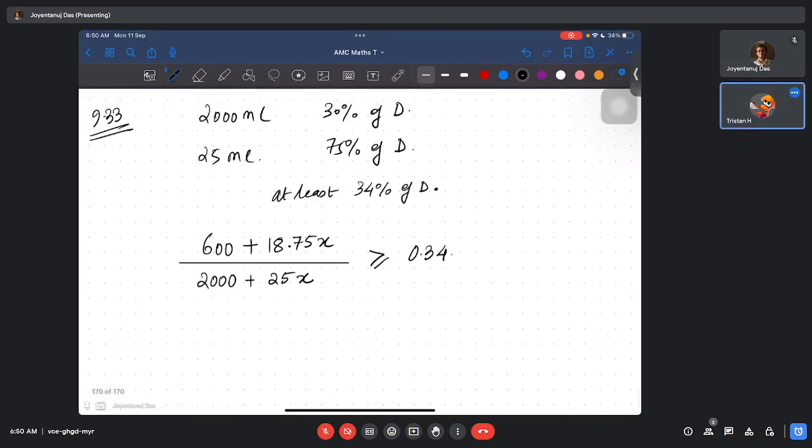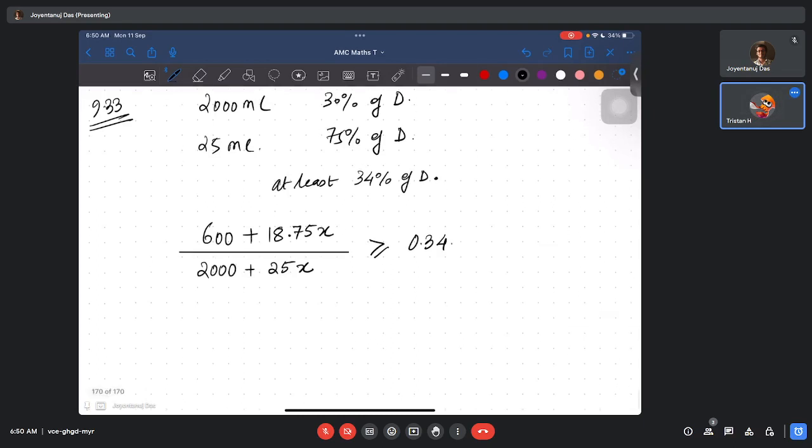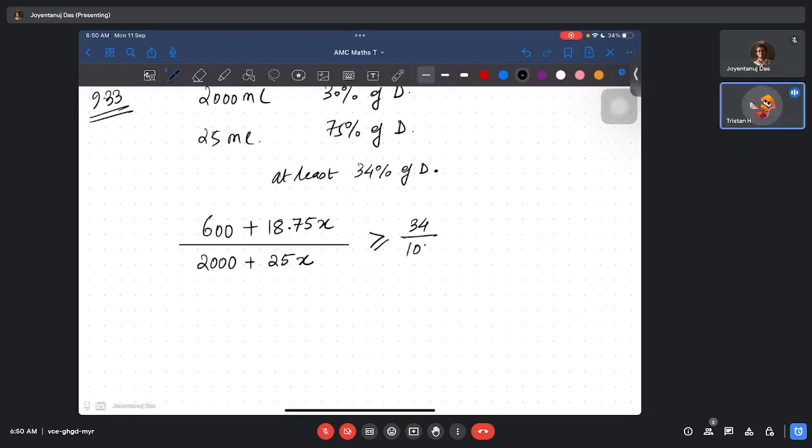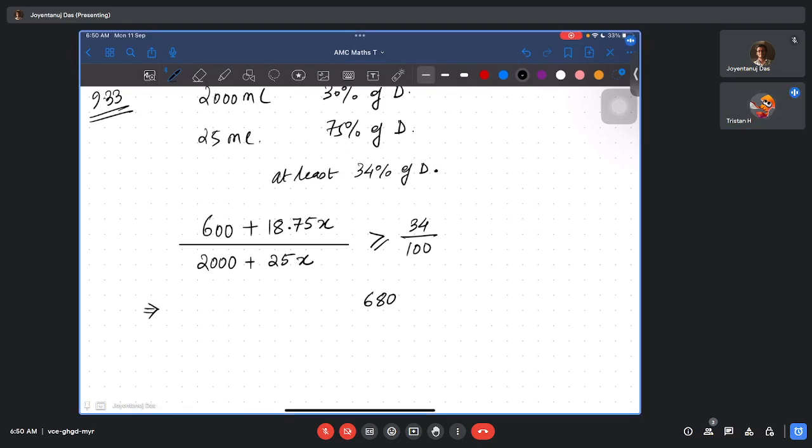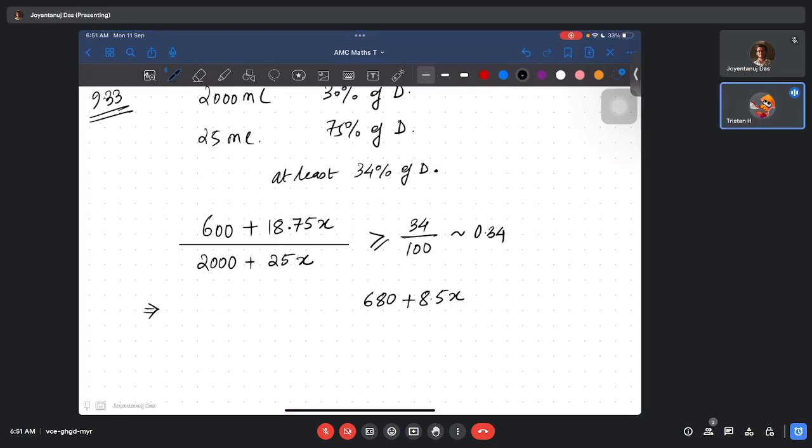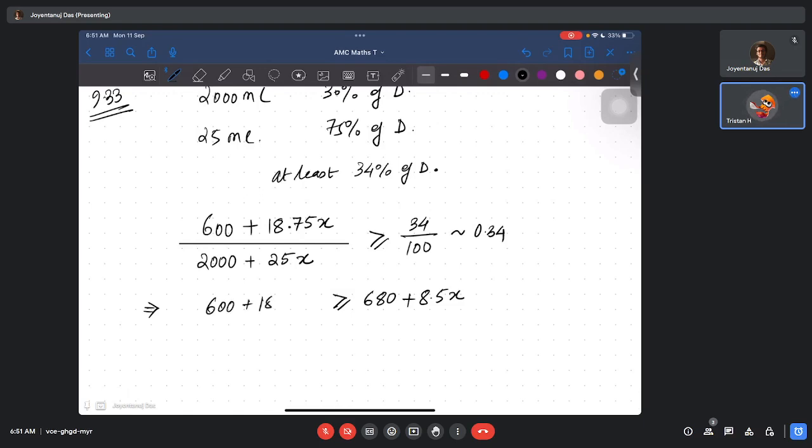And then I simplified it down, and on the right-hand side I got 680 plus 8.5x, and on the left-hand side it would still be 600 plus 18.75x.